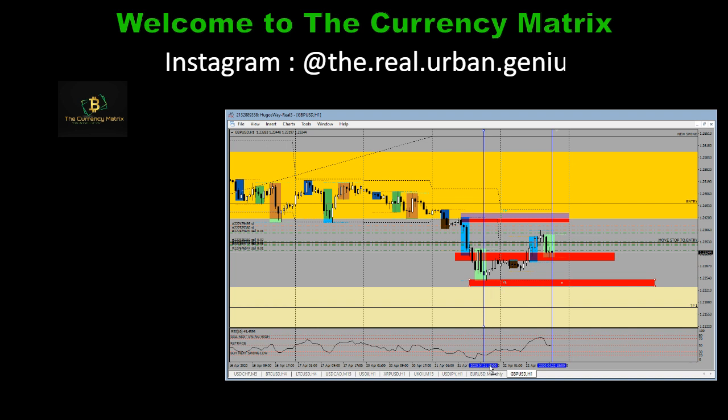The New York market is just now entering today. So they will be the ones to test their lowest point that they made yesterday, here at 1.224. That makes sense? This is the lowest point the New York market pushed the market yesterday. This is the New York market today.